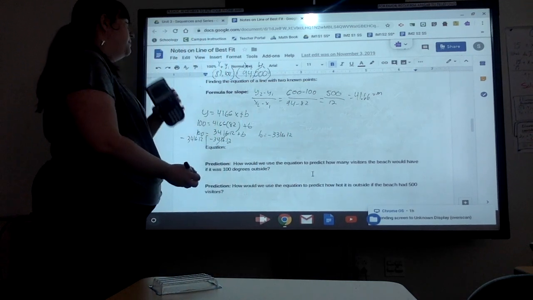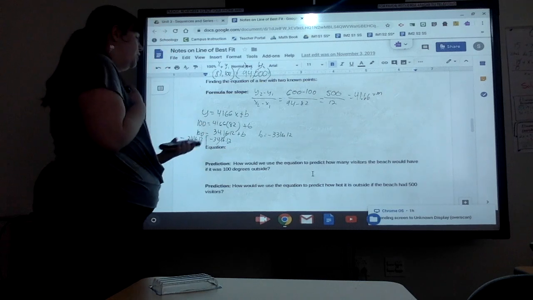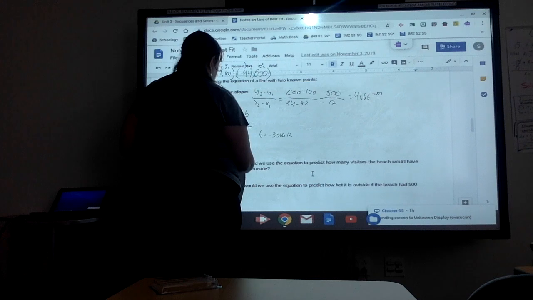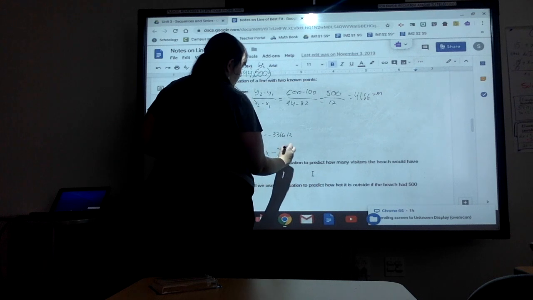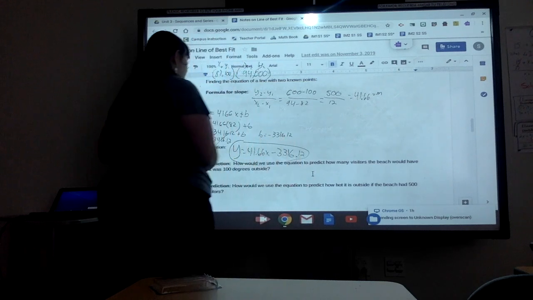So the equation for my line of best fit, the one I made, remember on your worksheet you're allowed to make different ones. But for this one, it's y equals 41.66x, and b was negative 3,316.12. So this is the equation of my line.